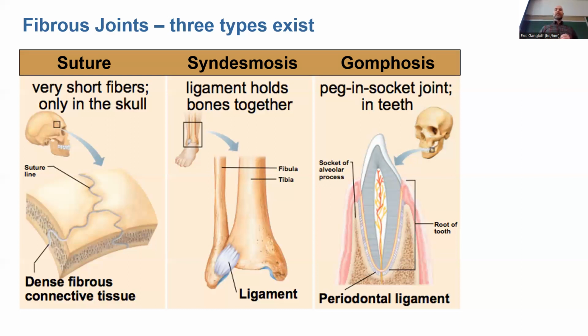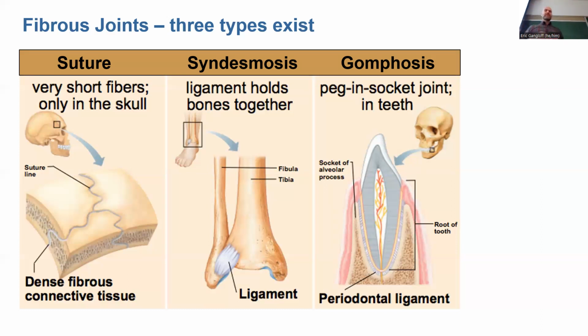This is a tight joint that holds the tooth in the socket of the bone of your mandible or your maxilla, depending on whether it's the lower or upper jaw. So 3 kinds of fibrous joints. Again, these are joints that allow little or no movement, with gomphosis only in the teeth, sutures only in the skull, and syndesmosis in a couple places in your body.